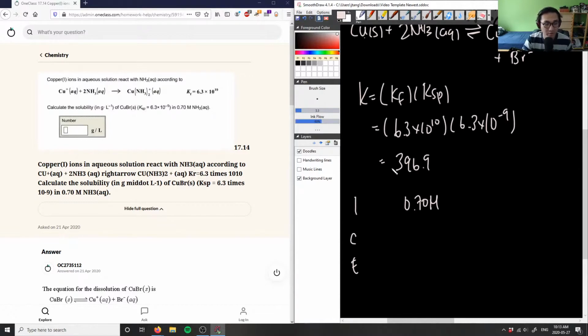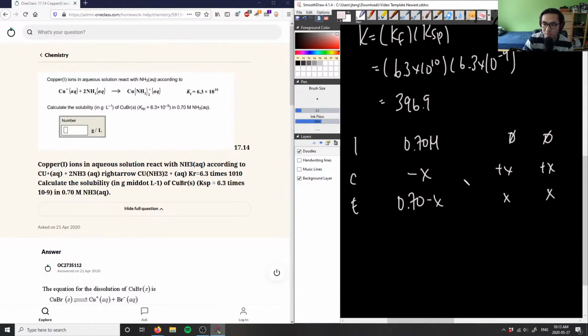We know our K value is 396.9. I'm starting with 0 of our products, subtracting x, and adding x to these. So I have 0.70 minus x, and some x here and some x here. I believe copper should start with some amount as well, but I'm not given that value, but I think it's fine for this calculation.